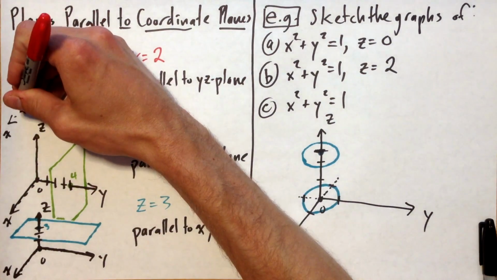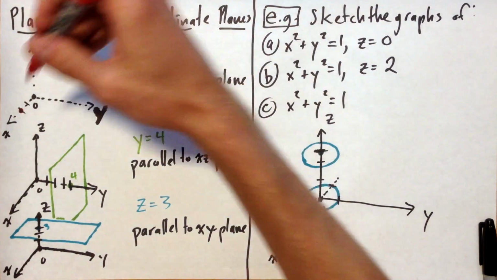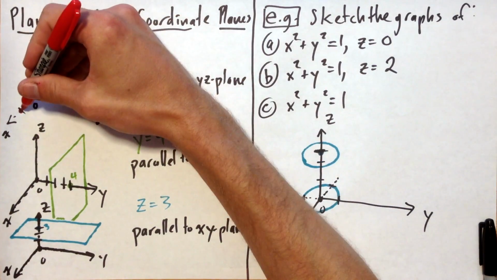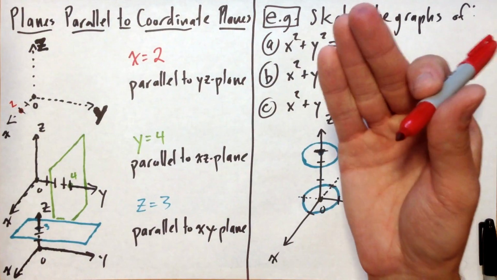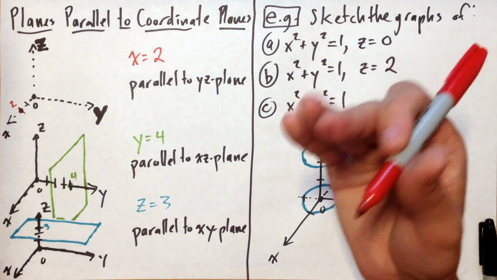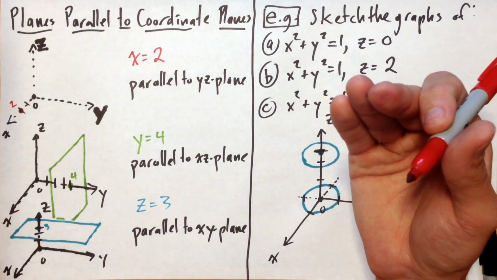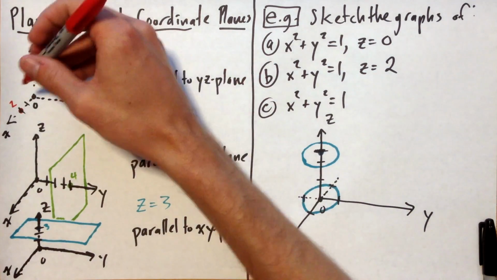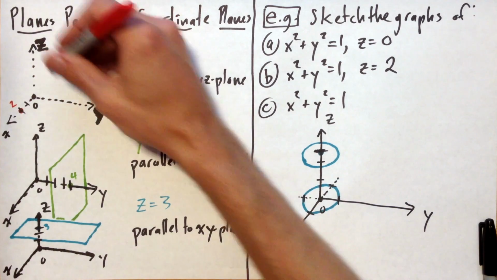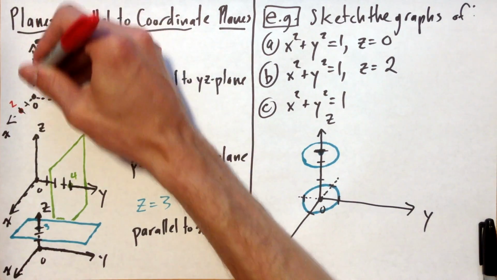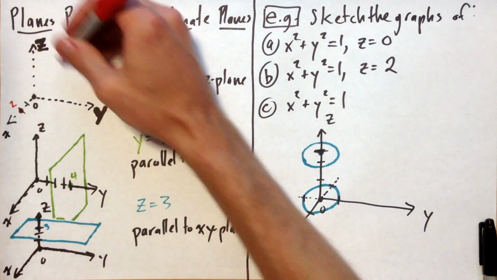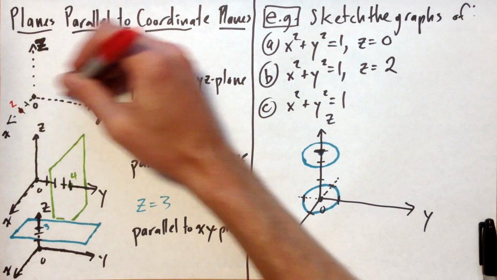I'm going to put a dot right here at x equal to 2, just because when I draw a plane, I often like to draw a point there for a point of reference. And now this plane should be parallel to the zy plane, which we have seen is like a rectangle that extends forever, spanned by these two lines right over here.